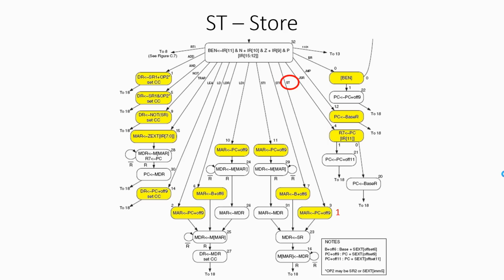First, the incremented PC is added to the sign extended value contained in bits 8 through 0 of the IR, and the result is loaded into the MAR. Next, the contents of the source register are loaded into the MDR. Lastly, the contents of the MDR are loaded into the memory location pointed at by the MAR.